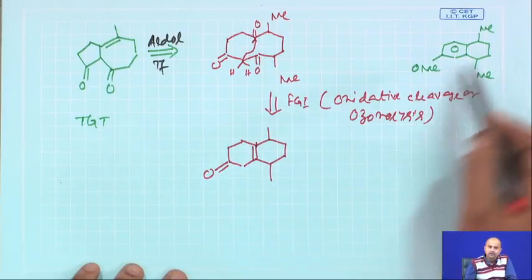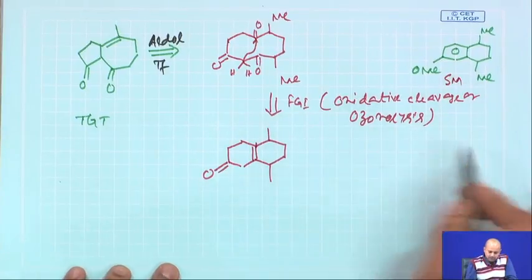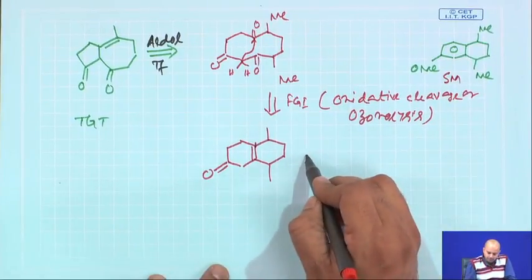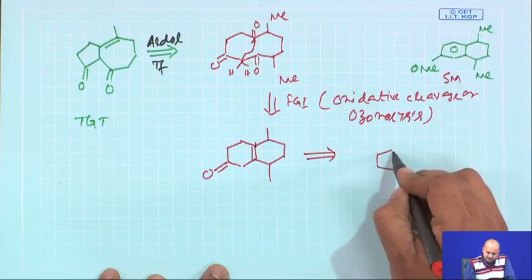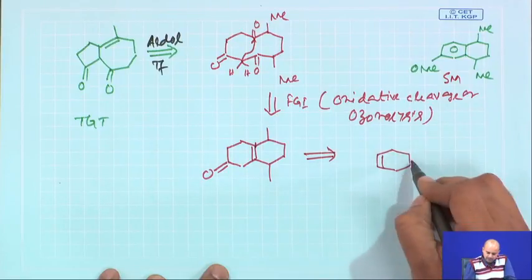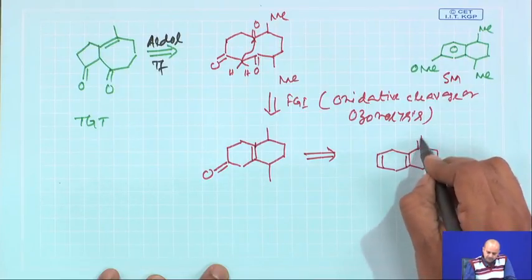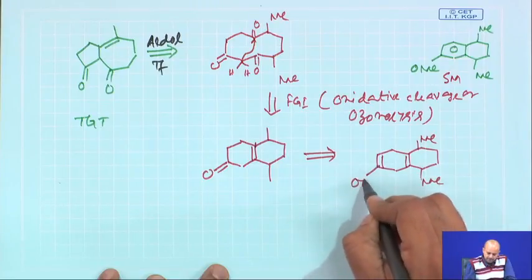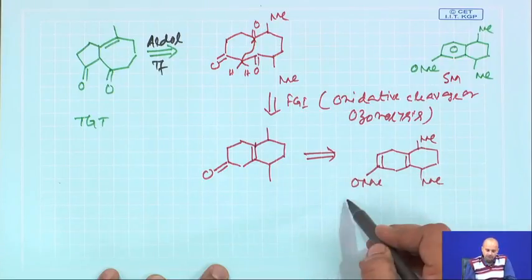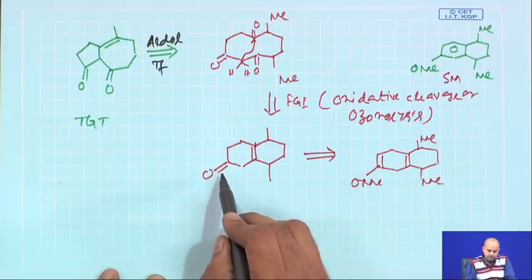Now, try to correlate with this starting material, the starting material given here. This reminds you that if you have this kind of compound undergoing enol ether hydrolysis, it can give you this kind of ketone.